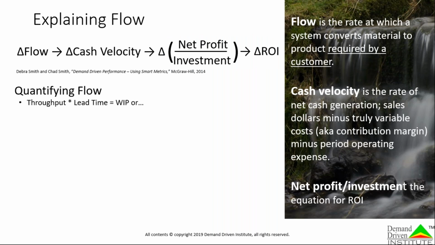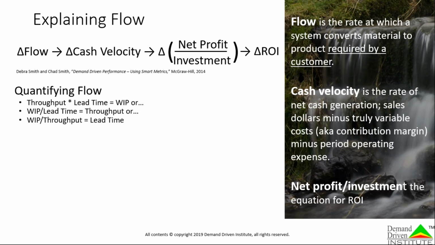If you want to understand how to quantify flow a little bit better, there are some equations to do it. We could say that there's one equation here: throughput times lead time equals your work in process. Or another way to say that, rearranging that equation, is your work in process divided by your lead time is equal to your throughput. Or your work in process divided by throughput equals your lead time. This is the system dynamic of flow.